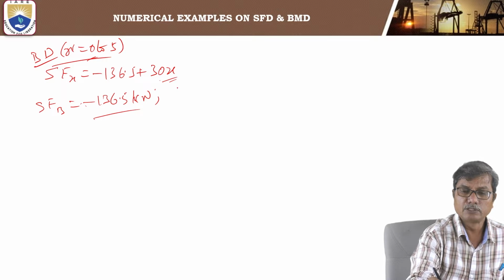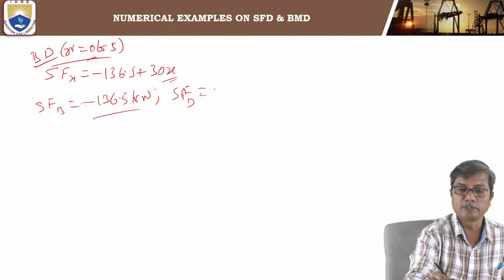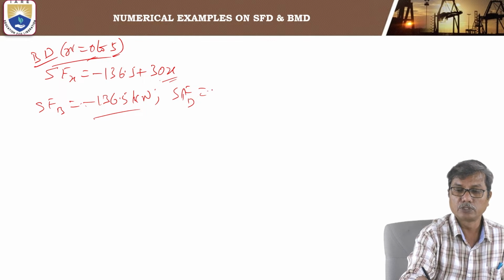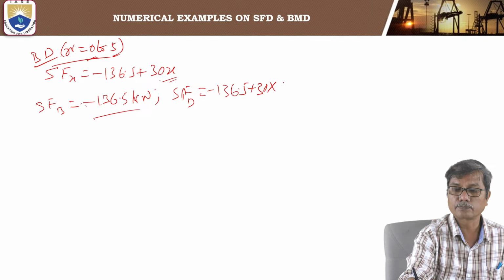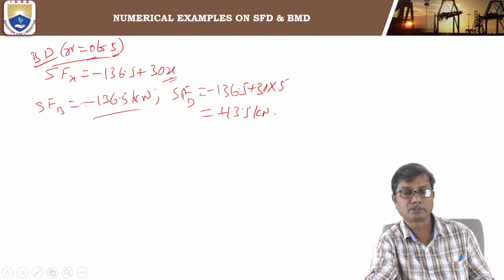Similarly, shear force at D, that means when x equal to 5. So minus 136.5 plus 30 into 5, so it becomes plus 13.5 kilonewtons.